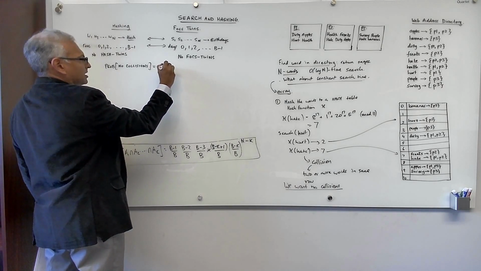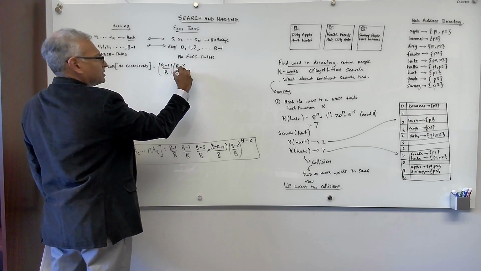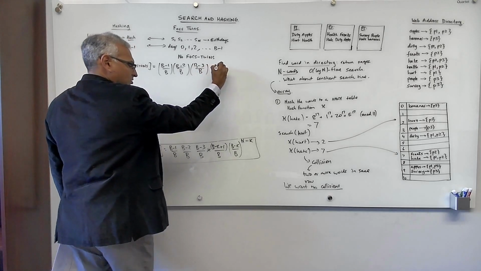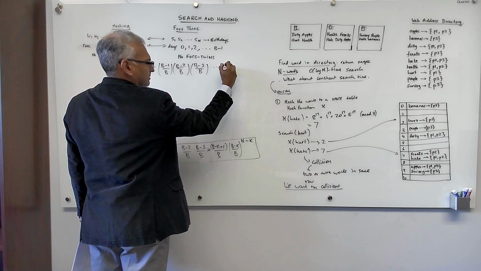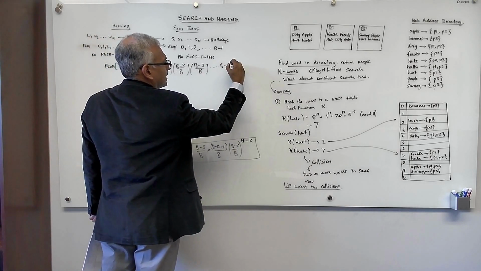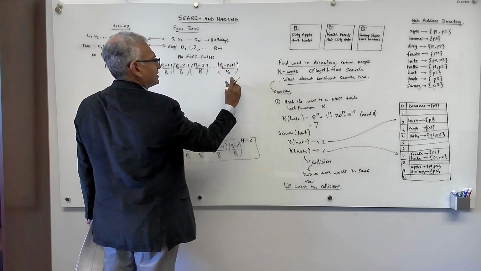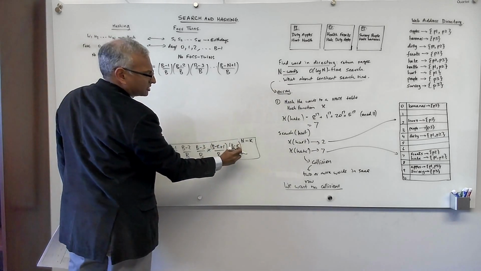So it's (b minus 1) over b times (b minus 2) over b times (b minus 3) over b times, and so on, all the way up to (b minus n plus 1) over b, okay, times, when n equals k, so this term is 1.